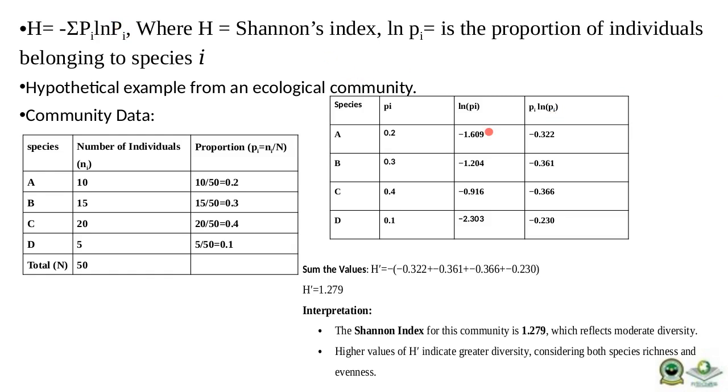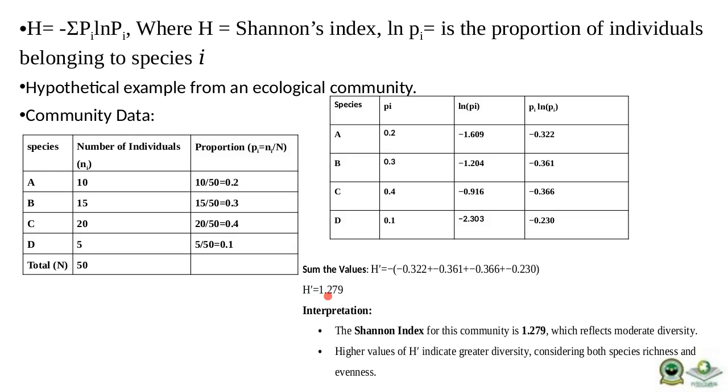By the time we multiply 0.2 by minus 1.6, we get 0.322, and 0.3 multiplied by minus 1.204, we get 0.361. At the end of the day, we will do the summation: 0.322 plus 0.361 plus 0.366 plus this. Once we have done that, we will get our Shannon-Wiener diversity index.